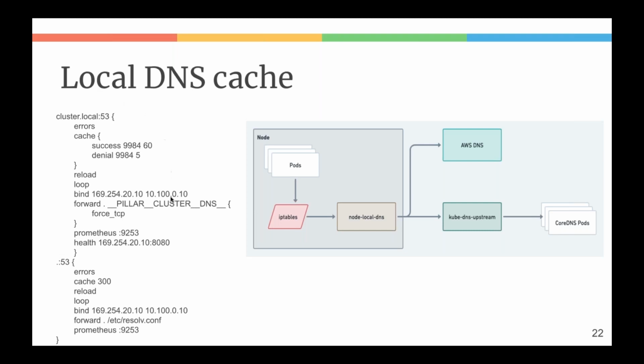You can see here the configuration is just a simple CoreDNS configuration. The internal requests are just forwarded to the in-cluster CoreDNS upstream pods. The external ones will go to the AWS DNS server.